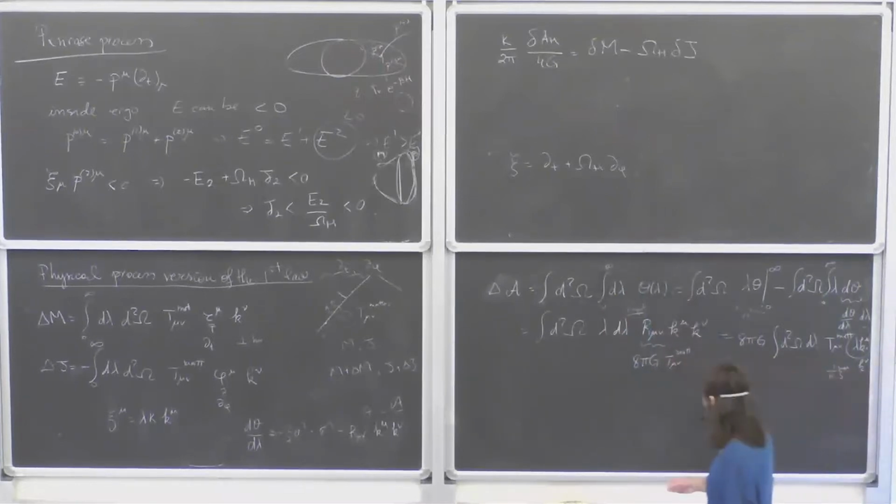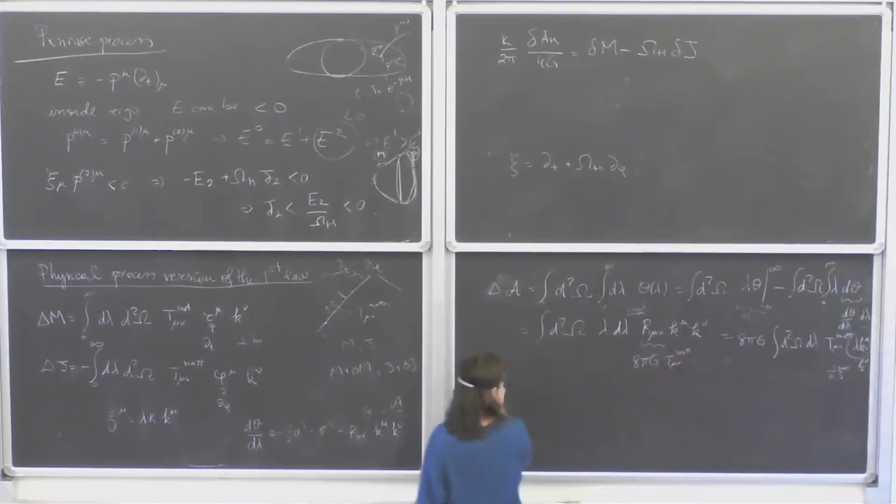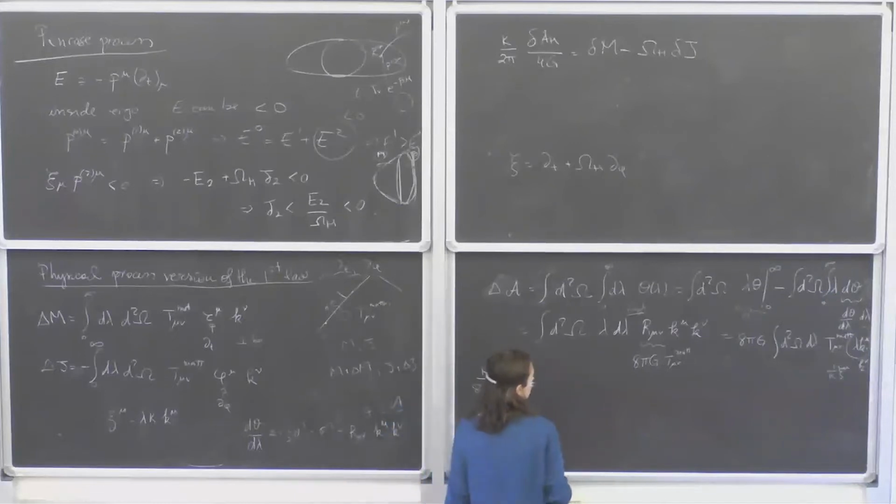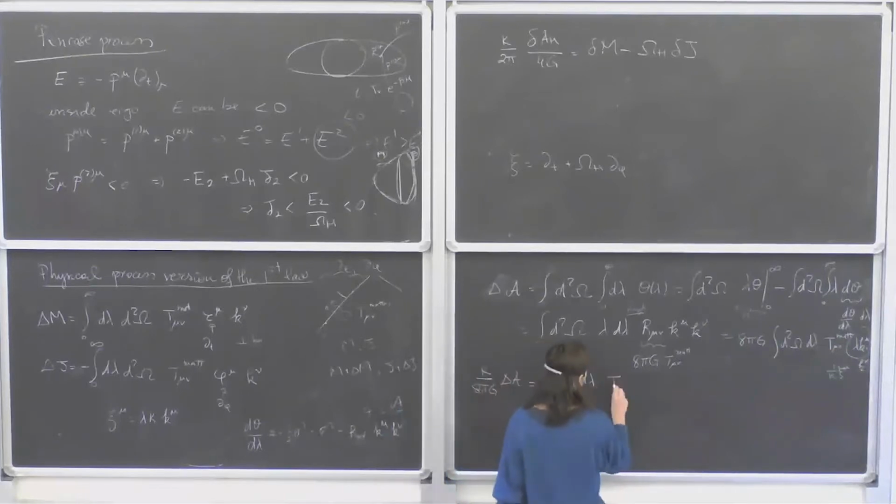Okay, very good. So now I want to write kappa over 8 pi G times delta A is equal to the integral d2 omega d lambda T mu nu matter times, so I said the xi mu is that guy.